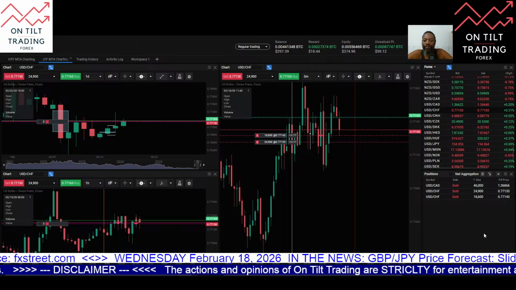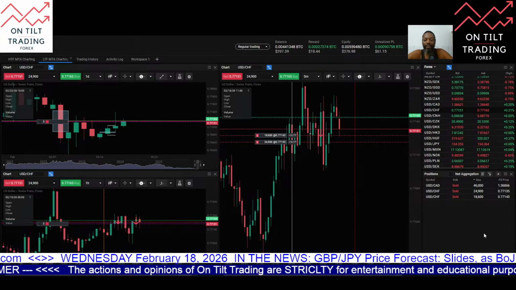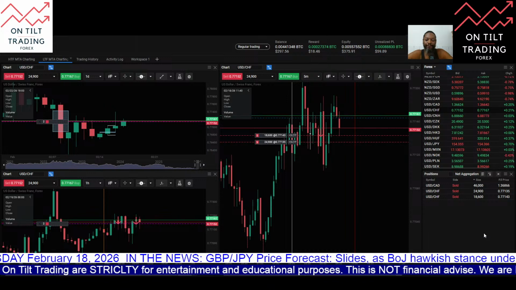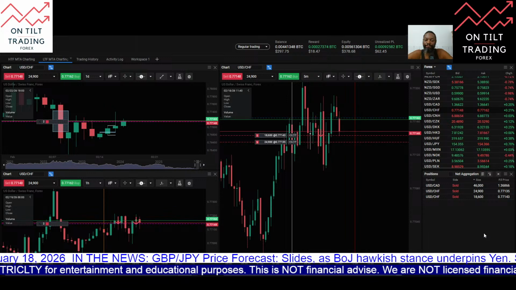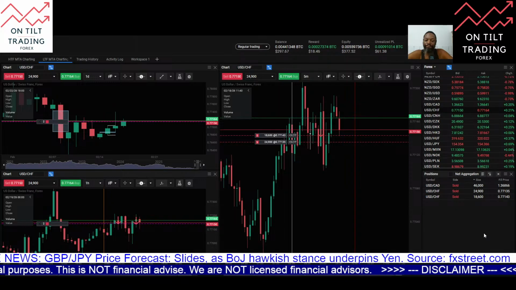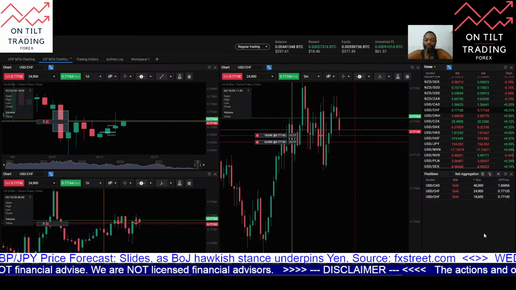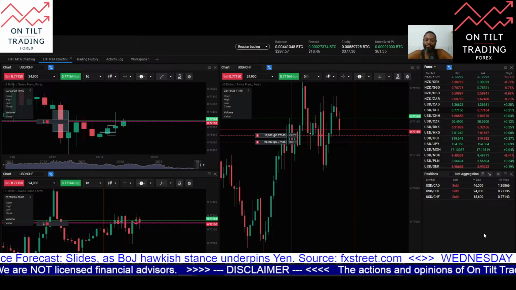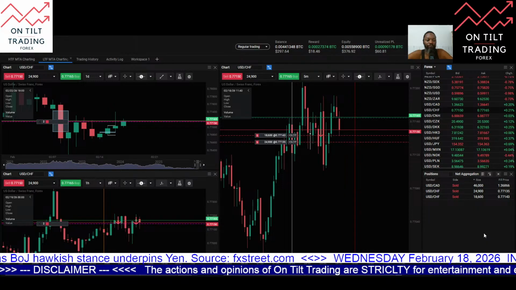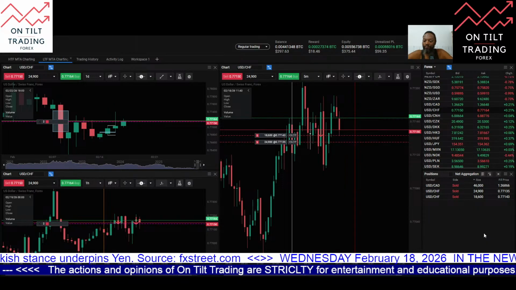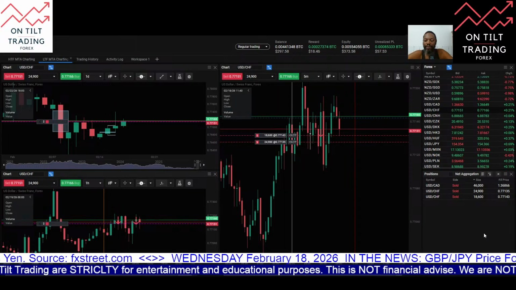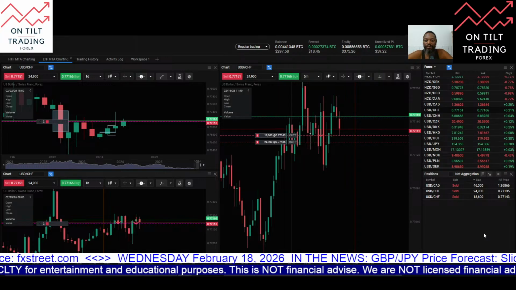A body candle close would be a stronger indication of price wanting to continue to the sell side. Less than 1 minute remaining in the current 5-minute candle. Still seeing sell side delivery.